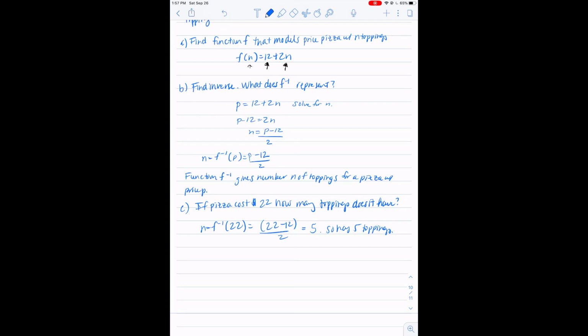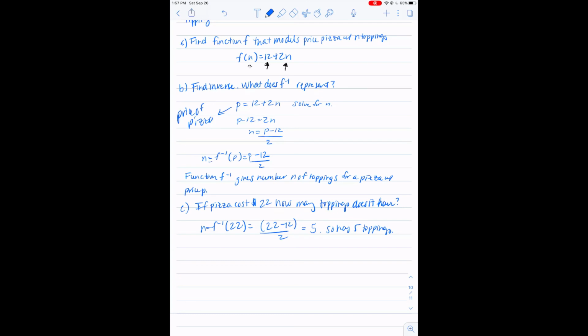Alright, now we're going to find an inverse, and what our inverse of f represents. So we're going to let p be the price of the pizza. So we want to solve for n. So we do p - 12 equals 2n. And then we get n equals (p - 12) over 2.